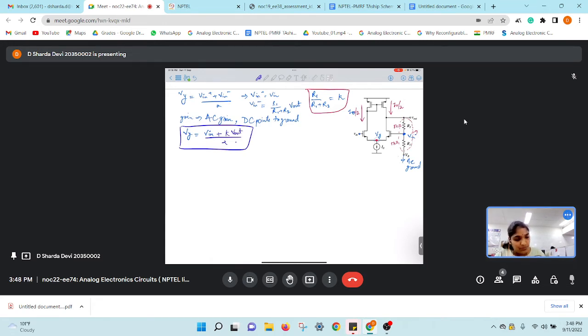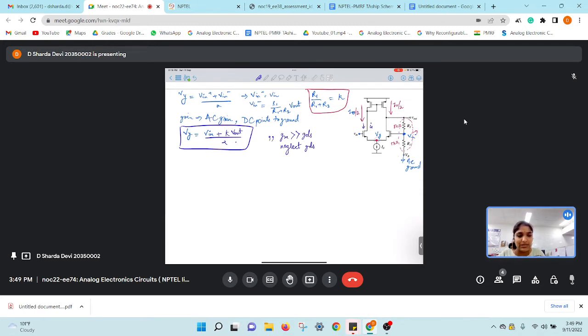So see, the small signal current, I'm writing it by small i. So the small i in this transistor, and we'll make another assumption before starting, that is GM is much higher than GDS. So we are neglecting GDS to make the calculations easier.